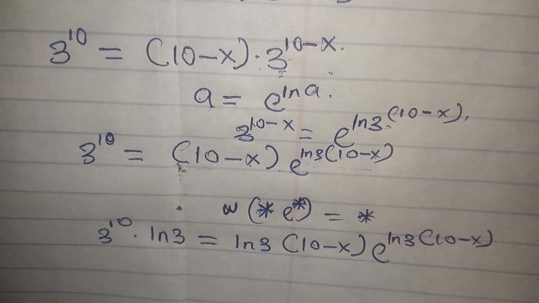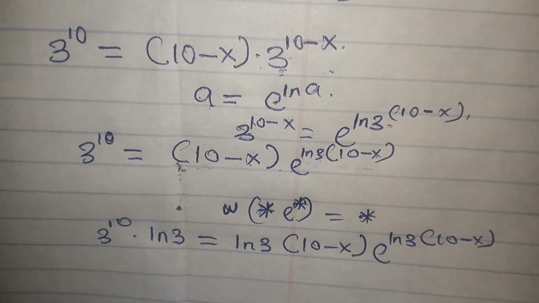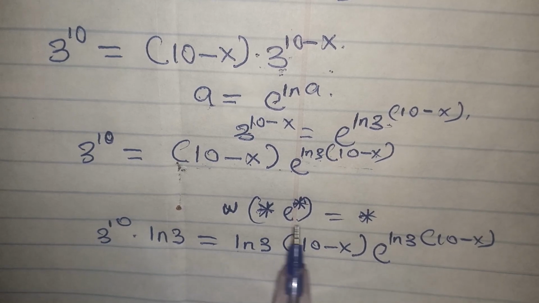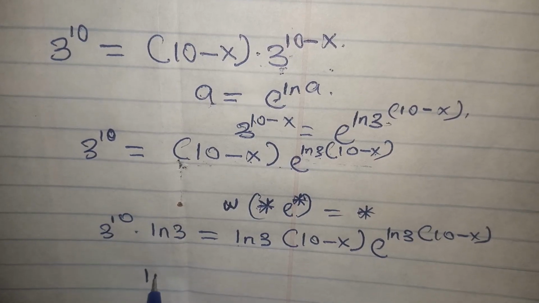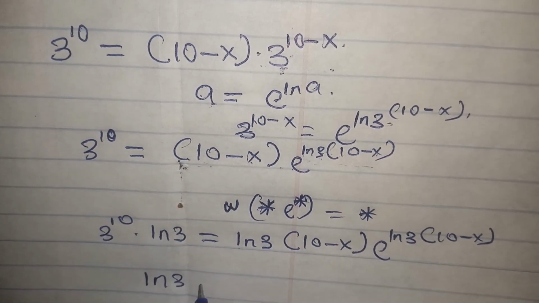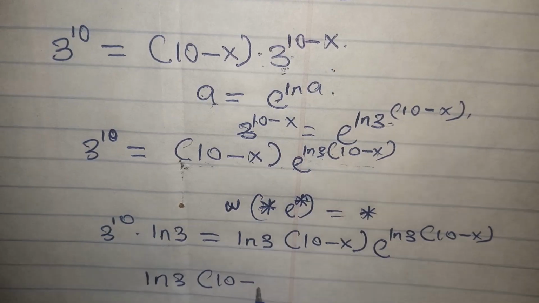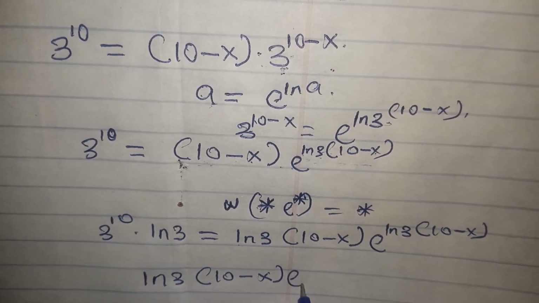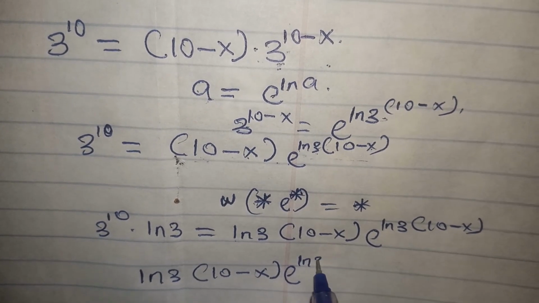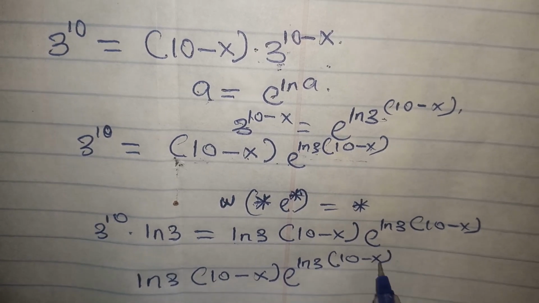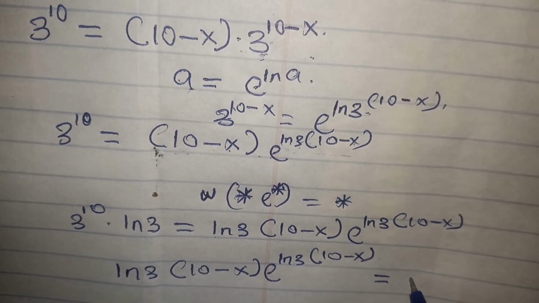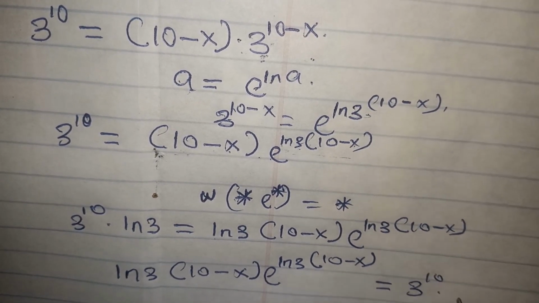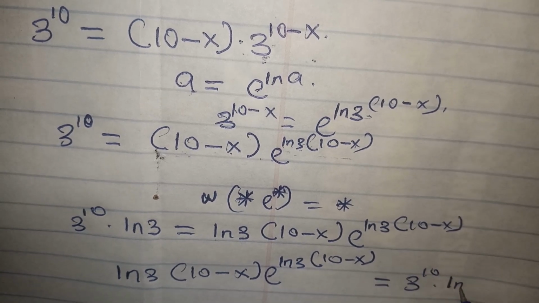From here, we can now apply the Lambert W function. But before we apply it, let's rearrange the whole of this equation. So I can write this as ln of 3 (10 minus x) exponential ln of 3 (10 minus x) equals 3 to the power of 10 times ln 3.